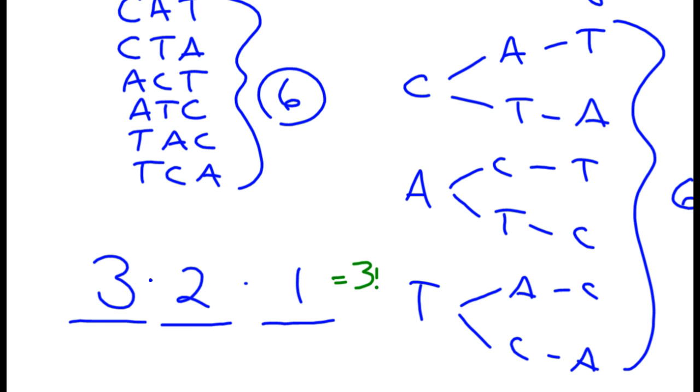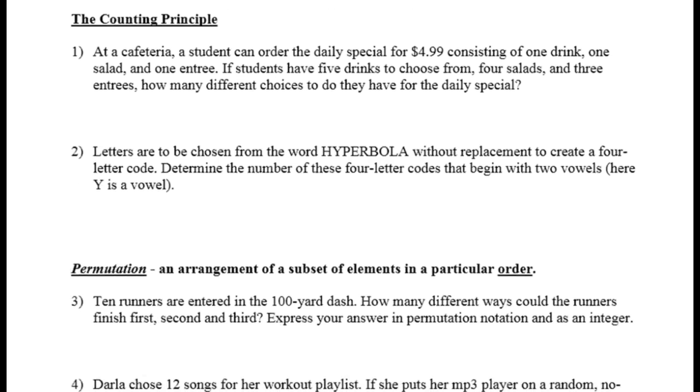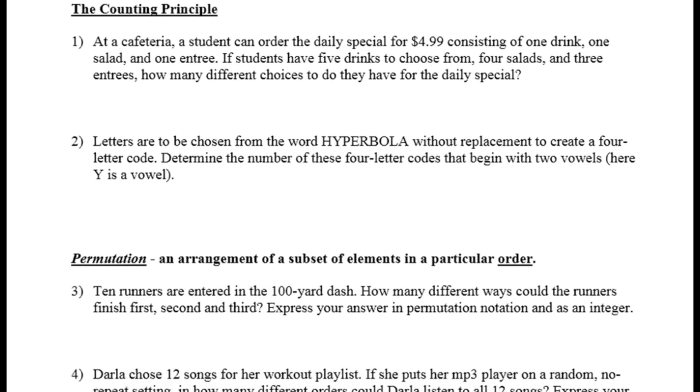Next, I'd like you to get your companion packet and read through that first example involving the cafeteria. Underline the important stuff, and play the recording when you're ready. Okay, so hopefully you recognized here, in terms of how many spots there are to fill, that there's really 3. In each case, we want to say how many spots are there to fill, and what are their names.